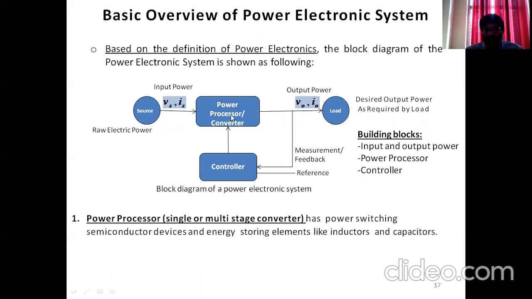A power processor can have one or more power converters, so either a single or multi-stage. This power converter contains semiconductor devices and energy storing elements. Semiconductor devices are for switching, and energy storing elements are like inductance and capacitor.